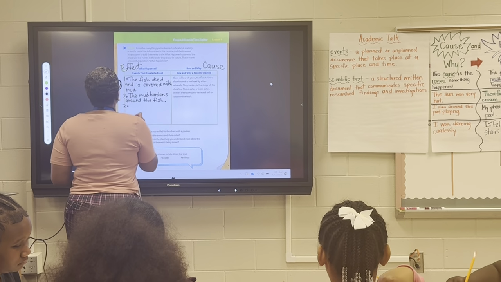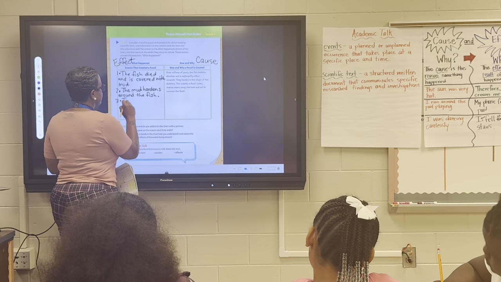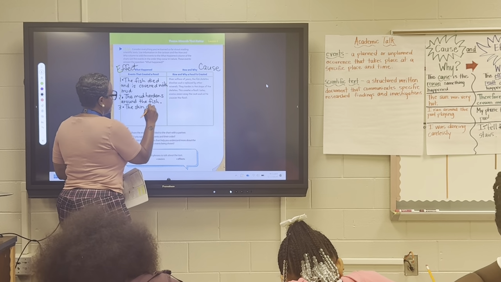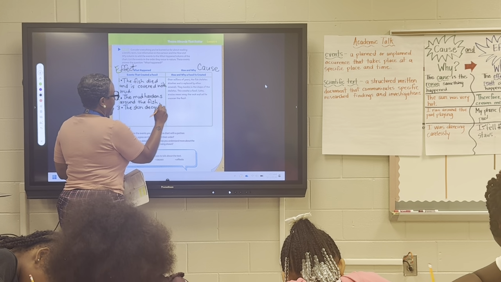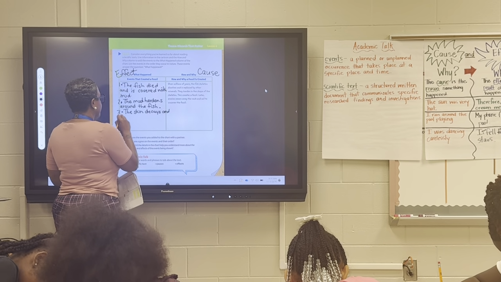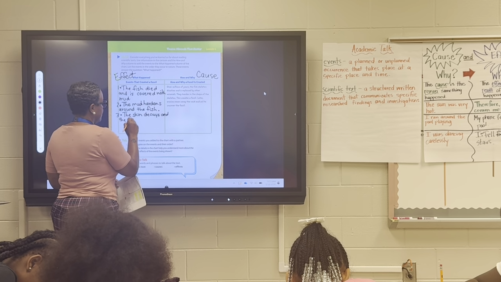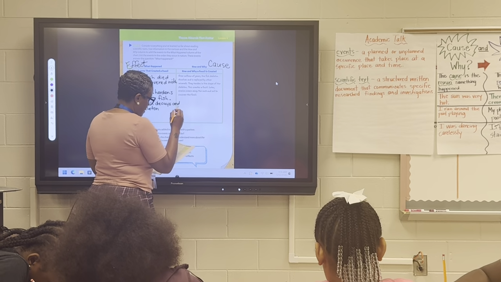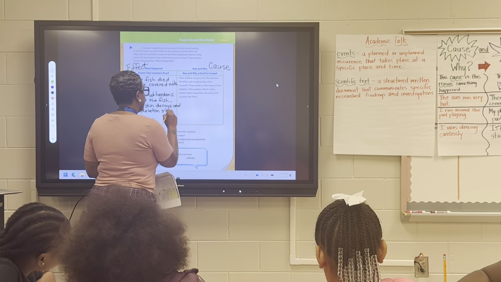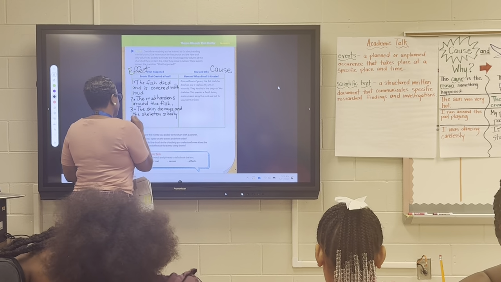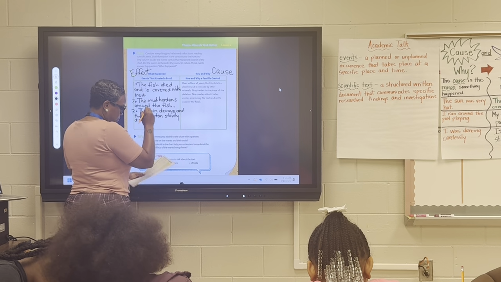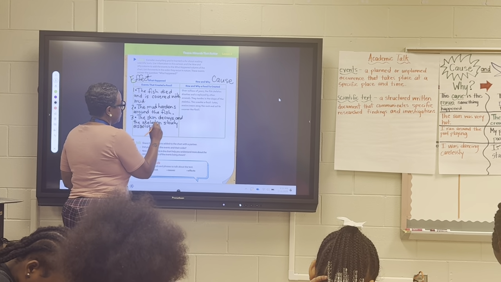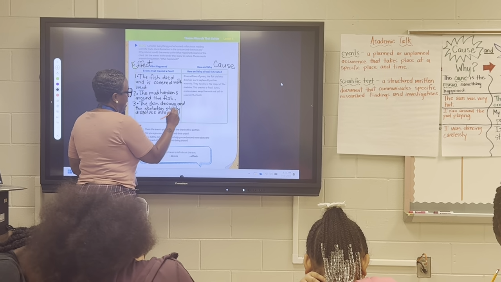Fossil. Okay, so let's say, I'm gonna use Makari's word, the skin decays and the skeleton slowly dissolves into a fossil.